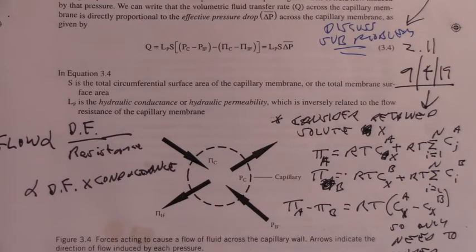And sometimes this gets confusing to people, why we only sum up the retained solutes and we don't sum up the non-retained solutes. Now, strictly speaking, when you're talking about osmotic pressure of a solution, that osmotic pressure would be against a totally impermeable membrane. If you had a membrane that was totally impermeable to all the solutes, everybody in there except the solvent, then yeah, you would sum over all of those.